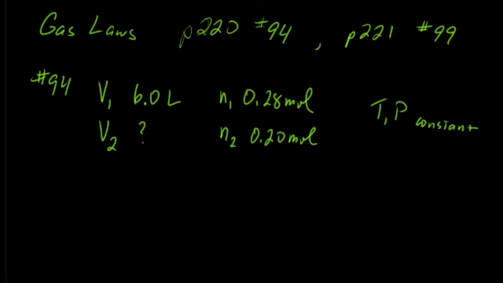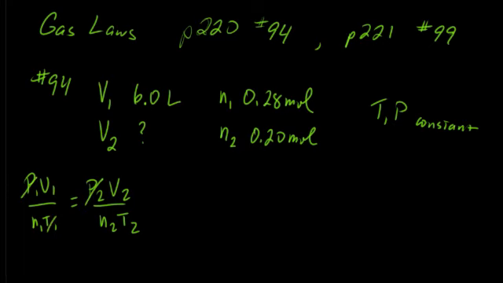All right, well, our combined gas law, P1 V1 over N1 T1 equals P2 V2 over N2 T2. Since temperature and pressure are constant, we can get rid of them. That leaves us with V1 over N1, initial volume over initial moles, equals ending volume over ending moles.